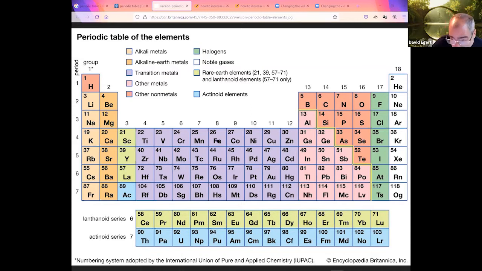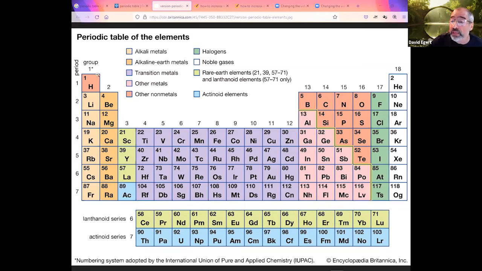Yeah, so the atomic number, that number at the top of each of these squares, is how many protons are in the nucleus. And no matter what else about this thing, no matter how many neutrons, no matter how many electrons, the element is going to be defined by that number of protons.